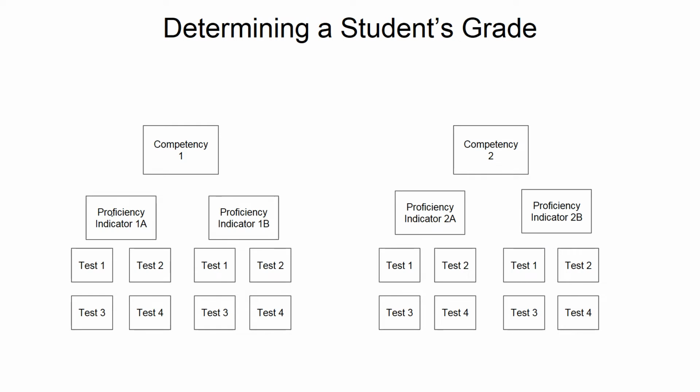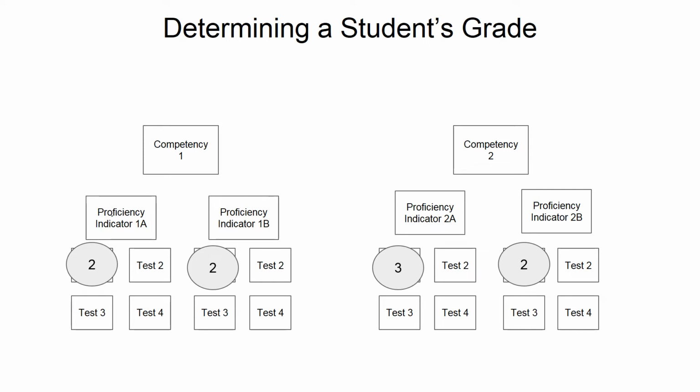A significant difference in our competency-based grading model is that on any given assessment, a student will receive a score for each proficiency indicator the assessment addresses. For example, if a test assesses proficiency indicators 1A, 1B, 2A, and 2B, then a student will receive multiple scores on the test so he or she understands their exact level of performance in each area of the assessment.